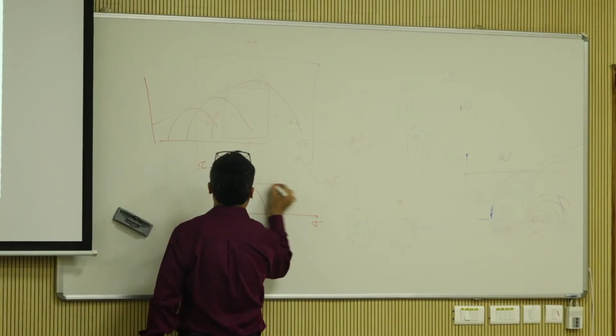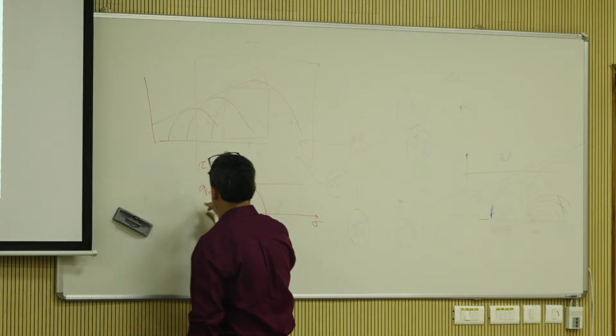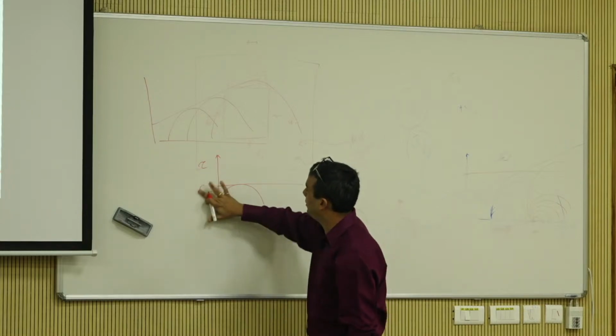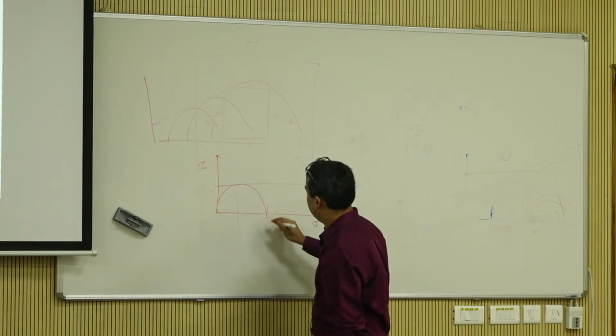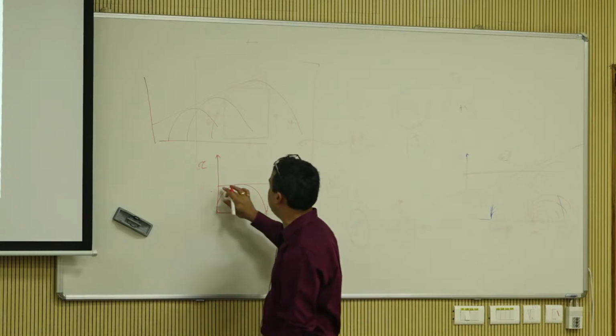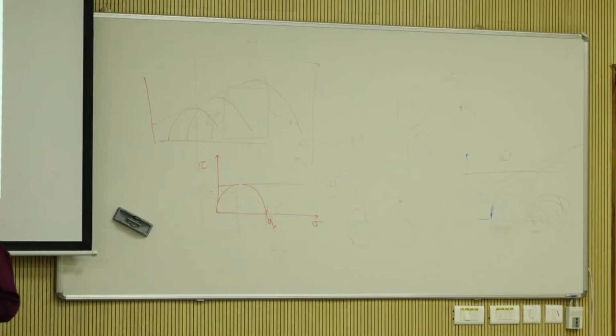So this is called unconfined compressive strength. This is known as the compressive strength, and the radius is basically half of that. That's how it works, right?